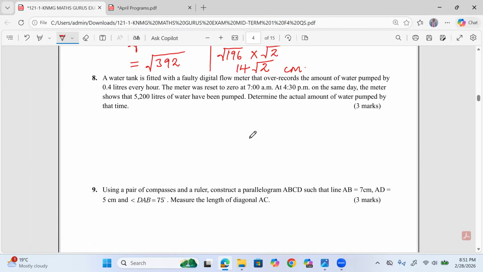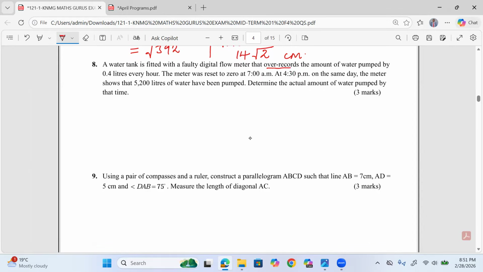So in this 5,200 liters, some is a wrong recording, but that wrong recording per hour is known according to this particular meter. Then we can check the total time it is operating. 4:30 in the 12-hour clock system becomes 16:30 hours in the 24-hour clock system.